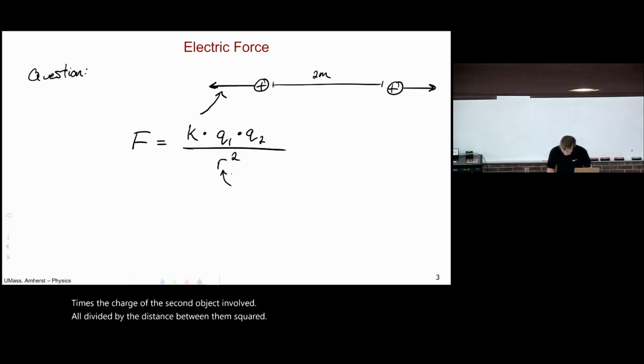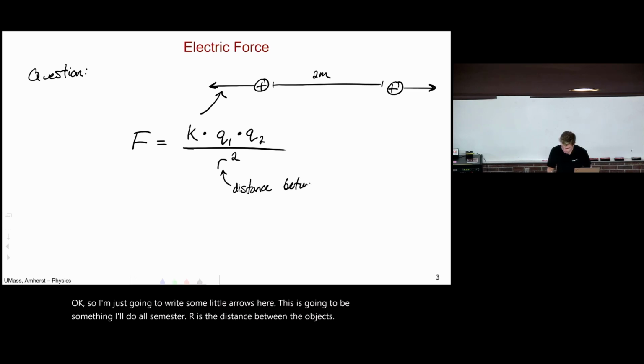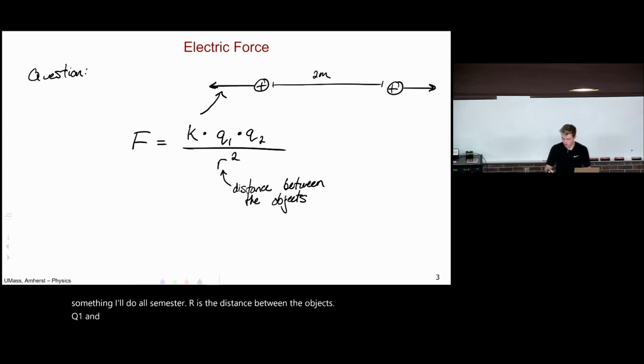Okay, so I'm just going to write some little arrows here. This is going to be something I'll do all semester. R is the distance between the objects. Q1 and Q2 obviously are the charges of those 2 objects.